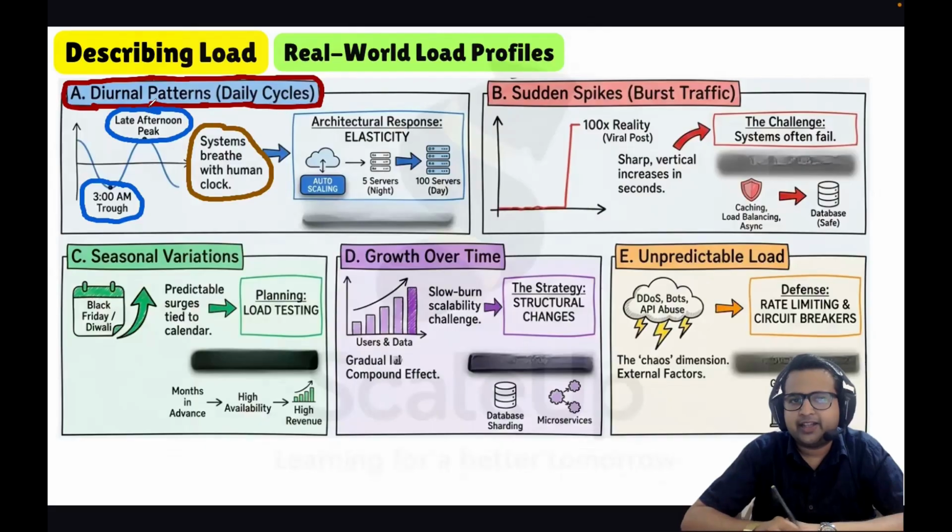Now the architectural response, let us understand that. How to deal with daily cycles? As a system engineer, in system design, what measures should we take? The solution is elasticity.